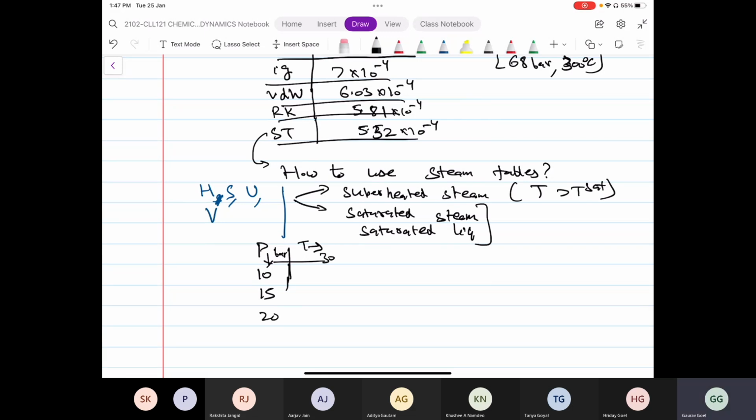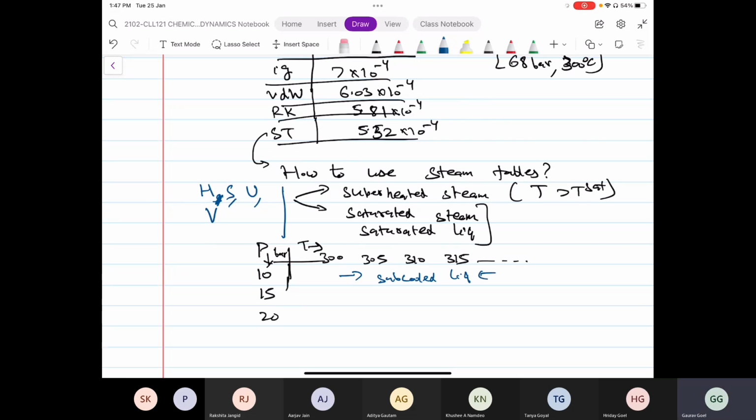The temperature might have closer spacing, and the reason is that with temperature, I expect larger variations. So let's say this is the form in which data is given. Now you will see some columns would be empty. The reason is that these states would correspond to subcooled liquid states, and subcooled liquid data is not available in steam tables. So these might be empty.